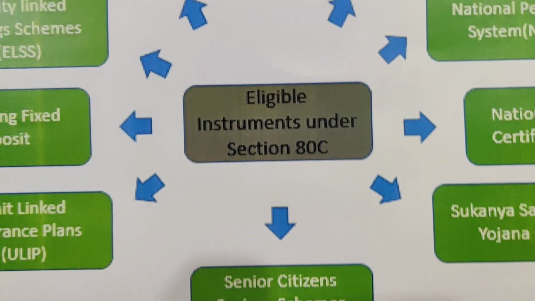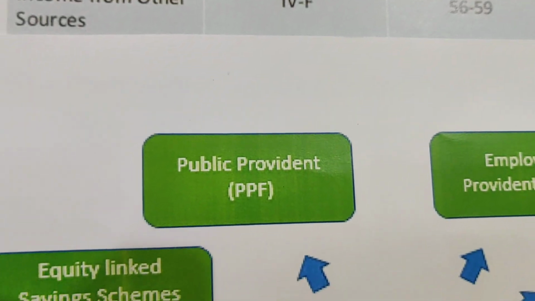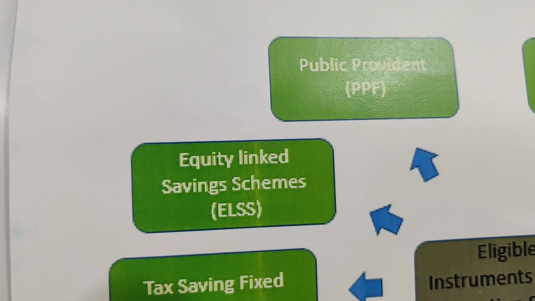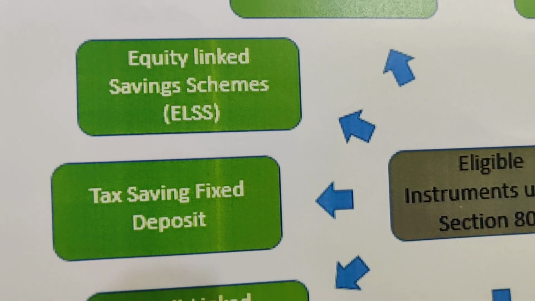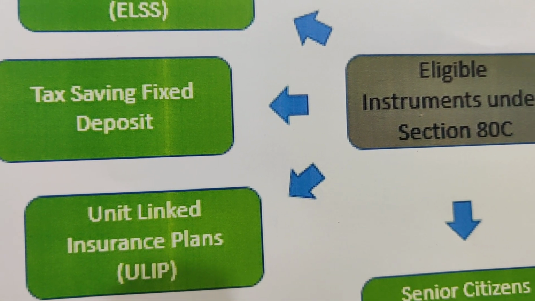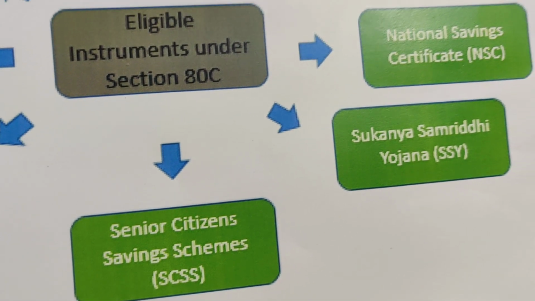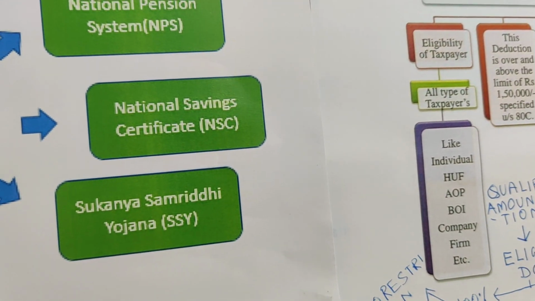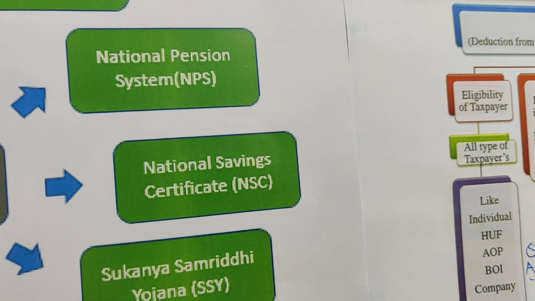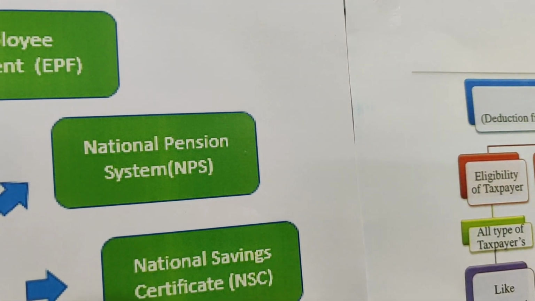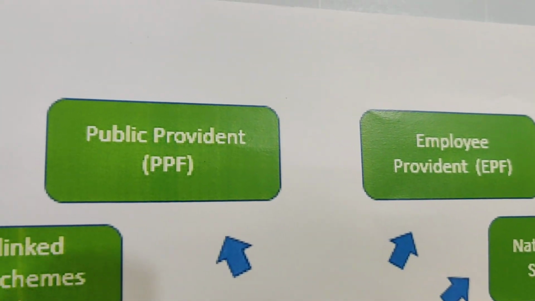So eligible for 80C, if we see the investment, you will see the public provident fund, equity linked saving scheme, tax saving fixed deposits, then ULIP, unit linked insurance plan, then senior citizen saving scheme, then your Sukanya Samriddhi Yojana, then national saving certificate, national pension system, EPF, employees provident fund, public provident fund.